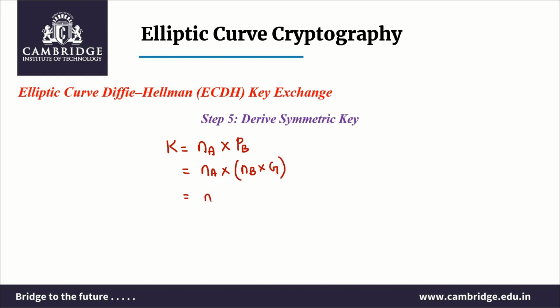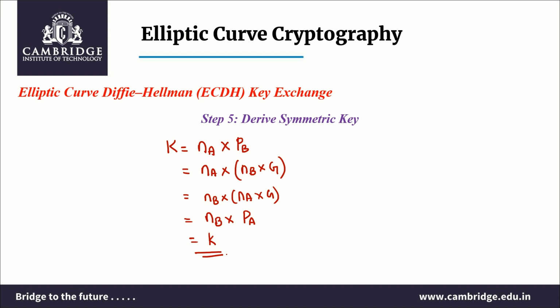This I can write as NB into NA multiplied by G. When I write this, NA multiplied by G will give me the public key of A. Now the private key of B and the public key of A will give me the K. So as you can see, I have derived the symmetric key.